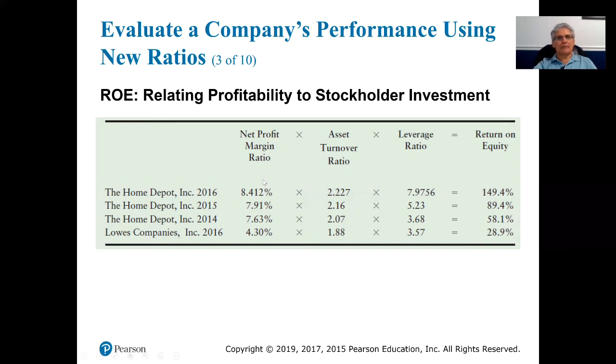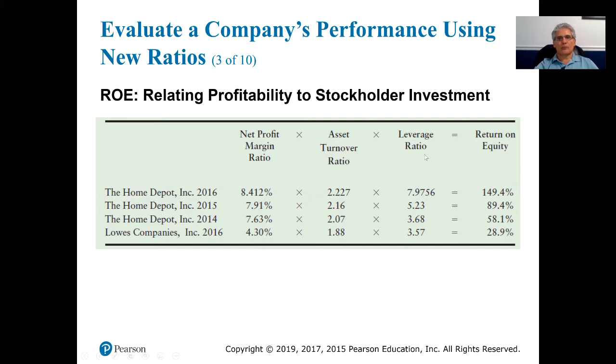So net profit margin looks like it's heading up. That's good news, and compared to Lowe's is higher. Asset turnover rate, 1.88. Again, Home Depot's is up, and compared to Lowe's, it's better.